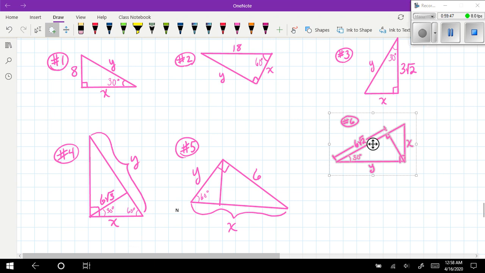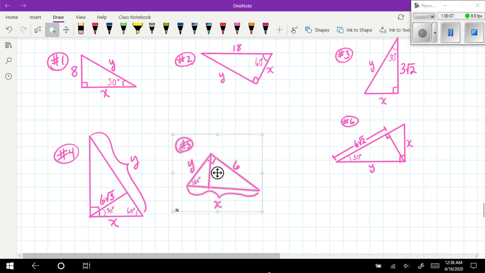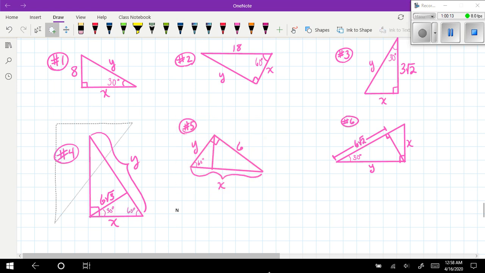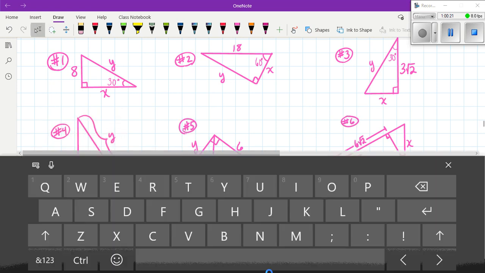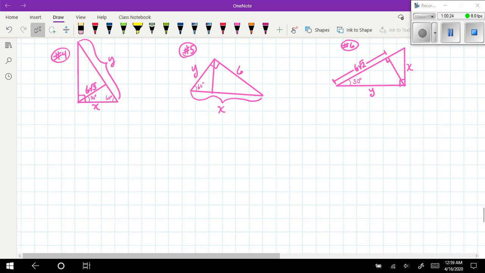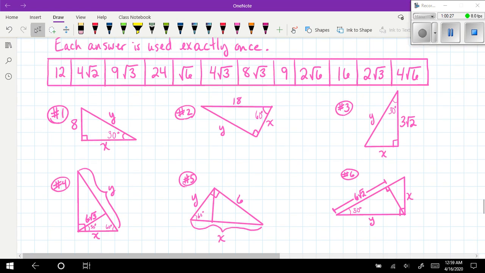I'll do the same thing here. Hey, where'd that end come from? I don't want that. I want that gone. Shrink you down a little bit, move you over here. Made it go away. There we go, everybody.